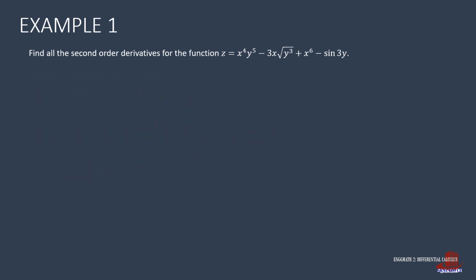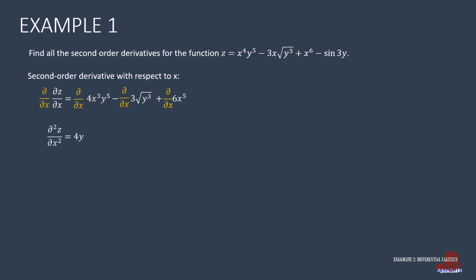Now with the first derivative already figured out, continue working on the second derivative with respect to another x, which becomes the first term's constant, 4y raised to 5, multiplied by the derivative of x cubed, minus the constant 3 root of y cubed times the derivative of 0, plus 6 times the derivative of x raised to 5.